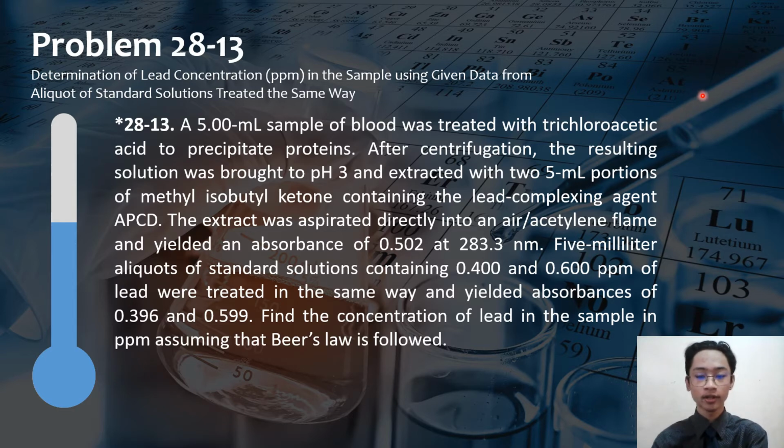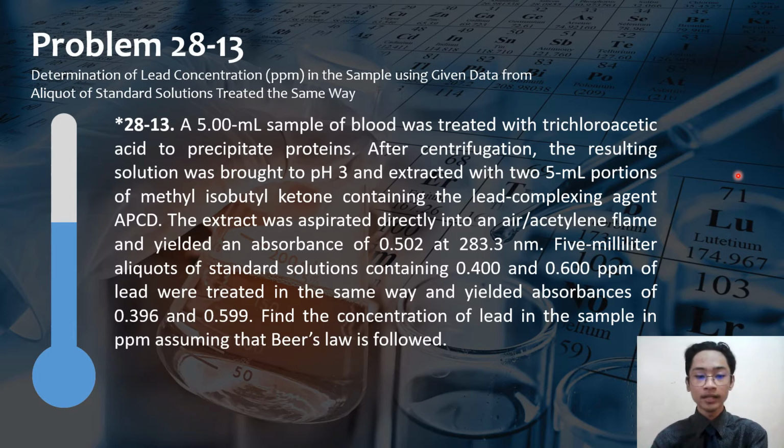After centrifugation, the resulting solution was brought to pH 3 and extracted with two 5 ml portions of methyl isobutyl ketone containing the lead complexing agent ABCD. The extract was aspirated directly into air or acetylene flame and yielded an absorbance of 0.502 at 283.3 nanometers.